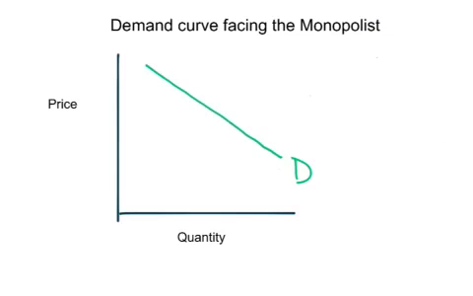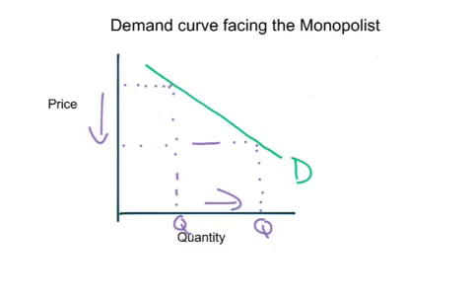What we also have to keep in mind is that if it's a downward sloping demand curve, the monopoly firm is still facing the law of demand, meaning that if you have a price that is very high for the product, they will have a quantity demanded that is lower than if the product is sold at a lower price, because of all of the contributions to the law of demand, such as the substitution effect and the income effect.